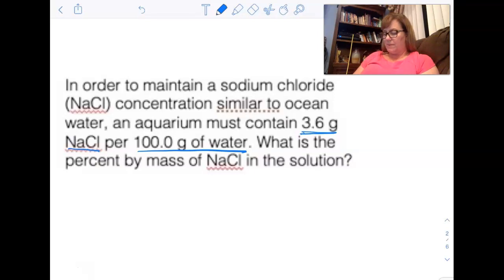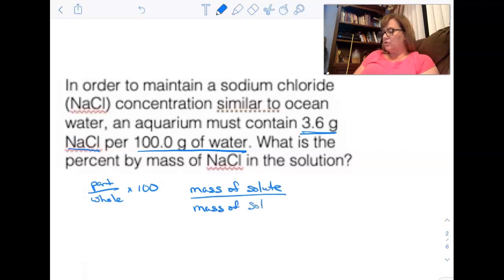So percent by mass, remember, we're going to want the part divided by the whole times 100. Remember, the part in these is the solute. So this is going to be mass of solute divided by the mass of the solution. Remember, we want the whole, not another part in there. This is key on this one.